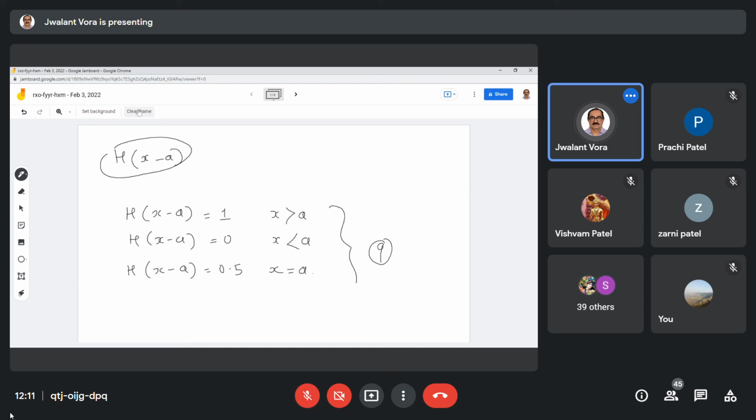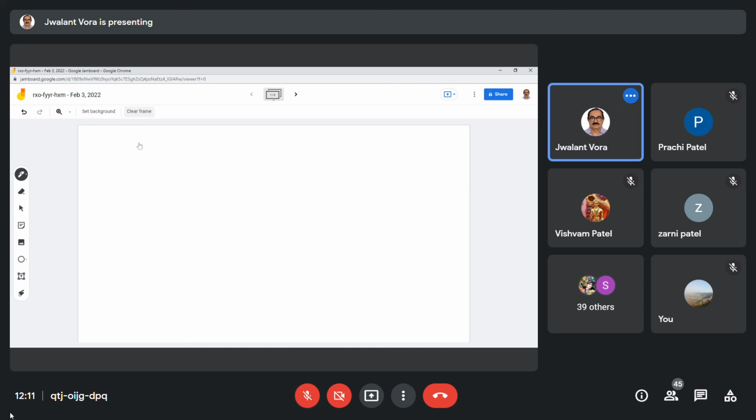So therefore, this is 1.0 value, this is 0.5 value, this is 0 value. x is equal to 0 at this point, x is equal to a. This is Heaviside step function.